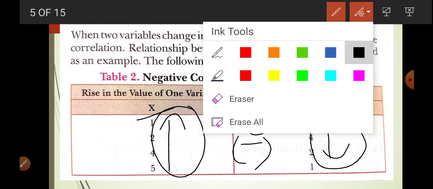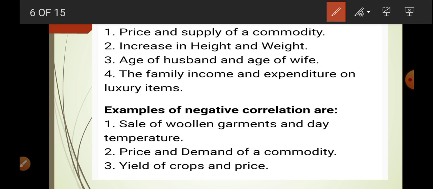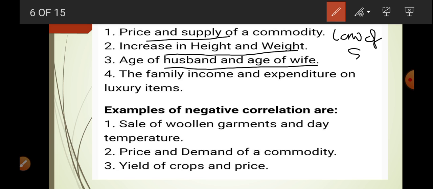Okay students, now examples of positive correlation and negative correlation. Positive correlation: price and supply, that is, the law of supply; increase in height and weight; age of husband and age of wife; family income and expenditure on luxury items. Now examples of negative correlation: sale of woolen garments and day temperature.